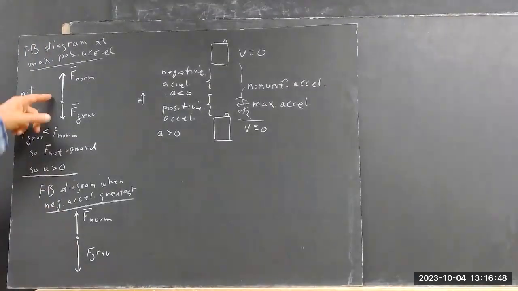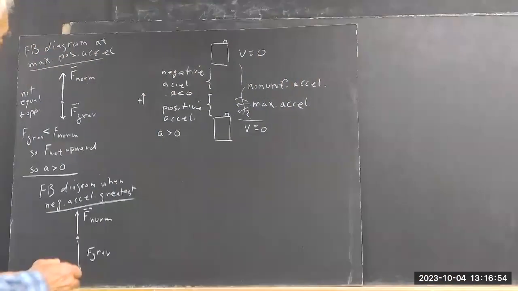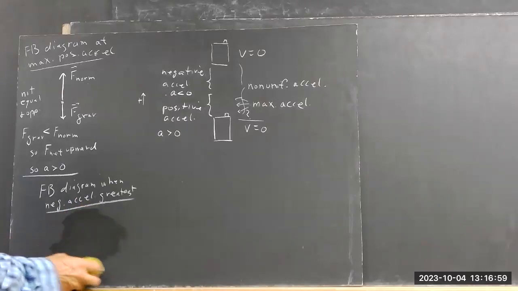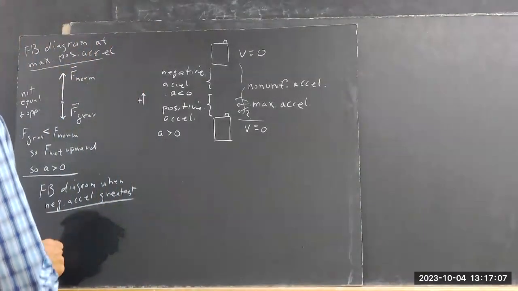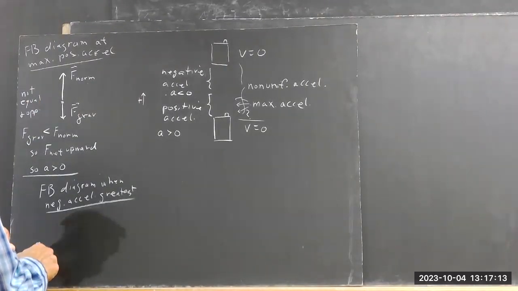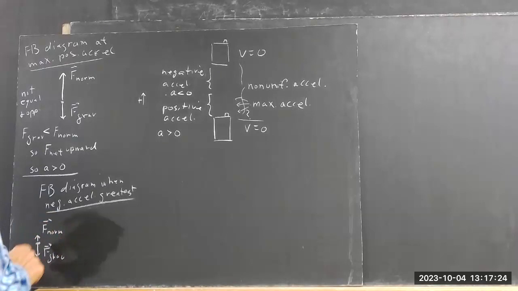Actually, this picture doesn't relate well to this picture. So I'm going to redraw it. I mean, there's nothing wrong with this picture, but if your scales are the same, then the gravitational force is not going to change its length. So let's just scale it equally. Okay, so you've got the gravitational force, we'll say it's here. Then you've got the normal force up here, and it's less than the gravitational force.